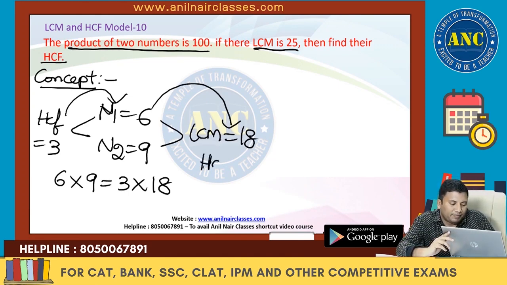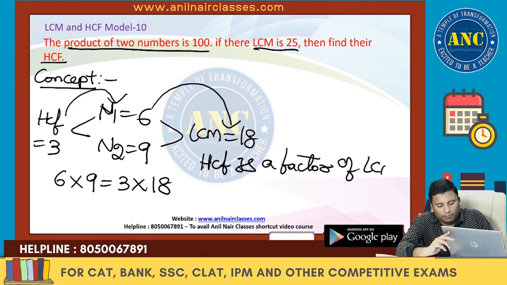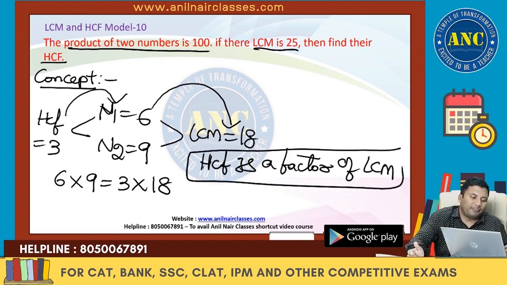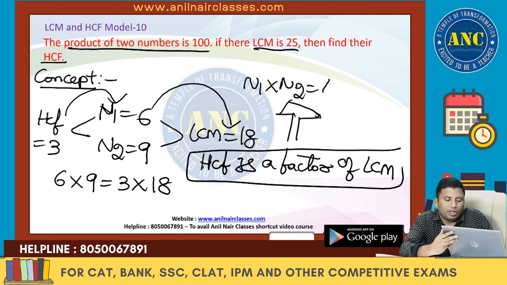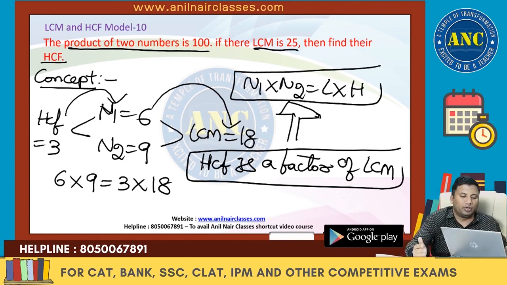That means HCF is a factor of LCM. HCF will always be a factor of LCM. N1 into N2 is equivalent to LCM into HCF.